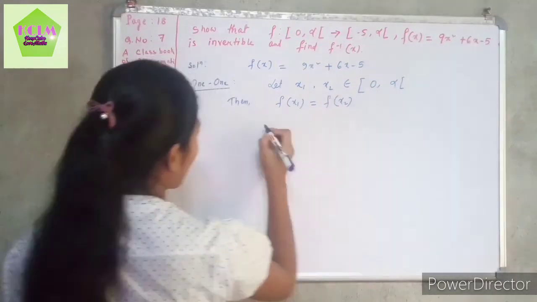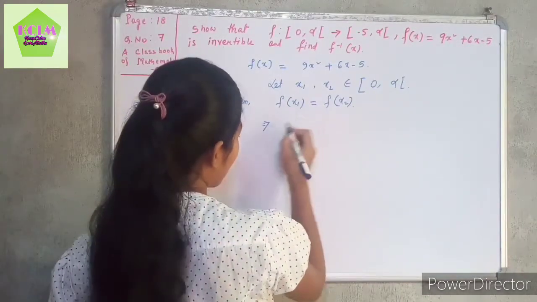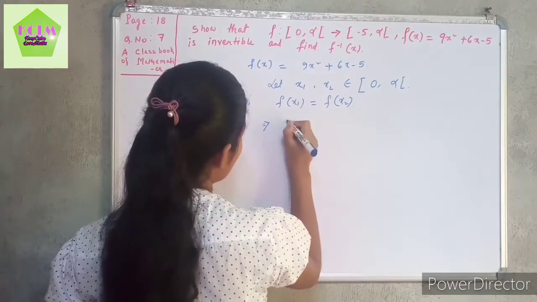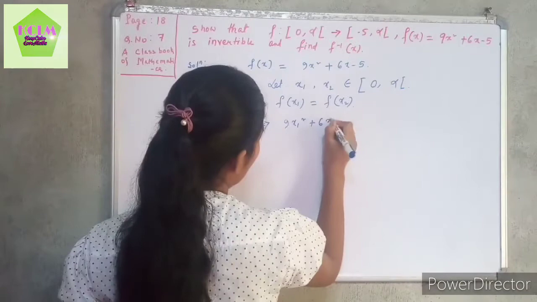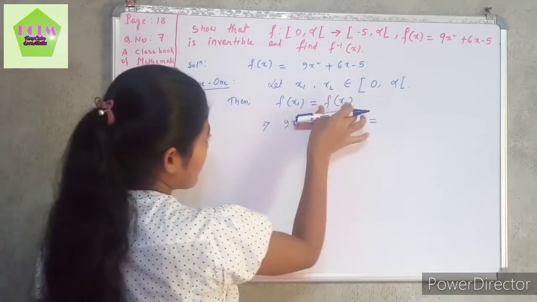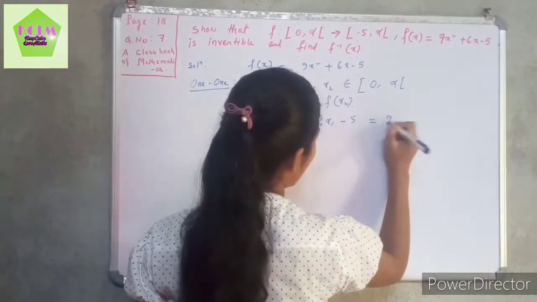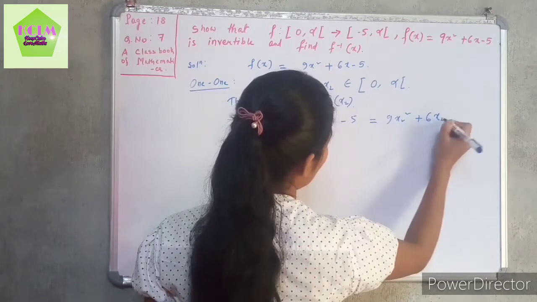Then, by the definition of this function, f of x1 will be 9 into x1 square plus 6 x1 minus 5. Similarly, f of x2 will be 9x2 square plus 6x2 minus 5.